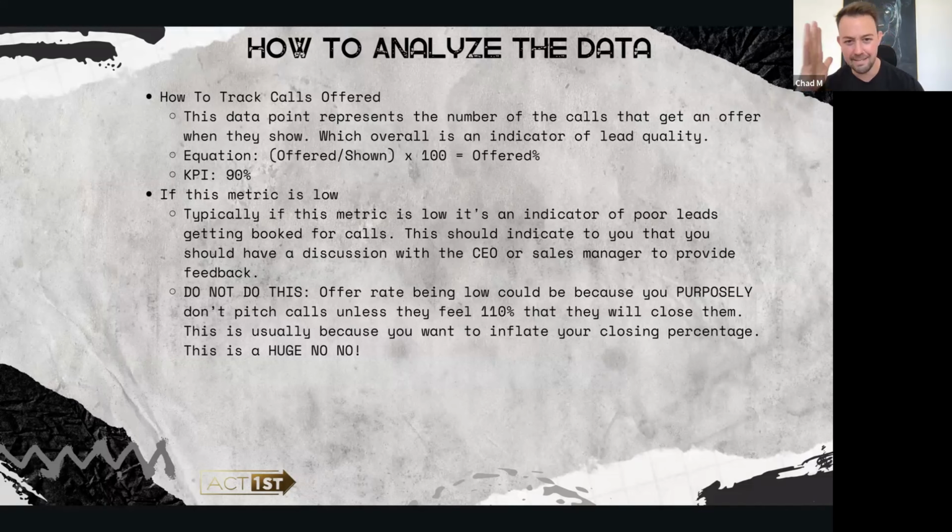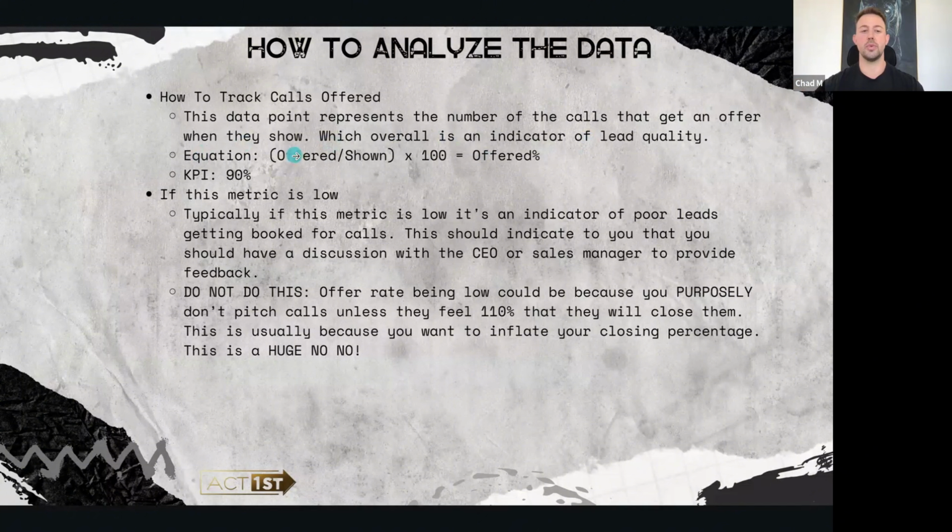We are presenting the investment. That's what an offer means, okay? Overall, this is a really good indicator of lead quality. Okay, so if your offer rate is low, your pitch percentage is low, once again, they're interchangeable, that typically means the quality of lead is not good because obviously you are denying them. You are not getting to the point of pitching them the price.